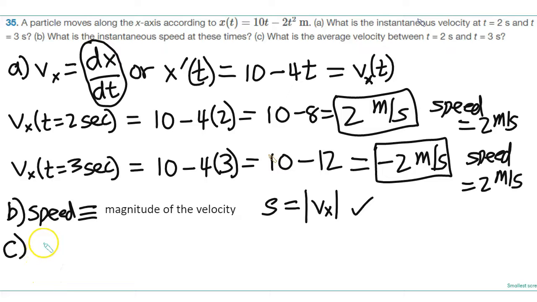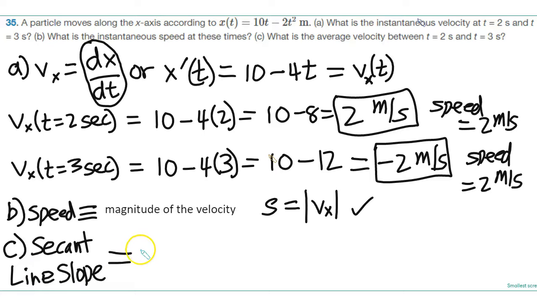So this is, first of all, going to be the secant line slope. And remember, the secant line slope is going to be the change in the vertical axis variable over the change in the horizontal axis variable. So it's going to be x2 minus x1 over t2 minus t1.